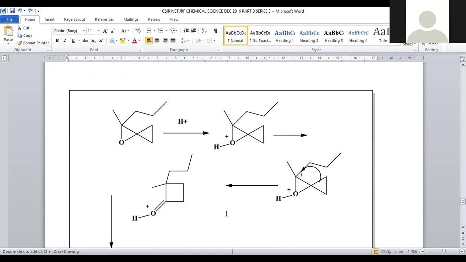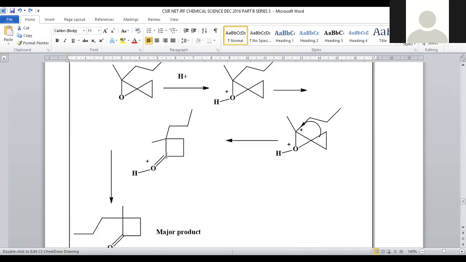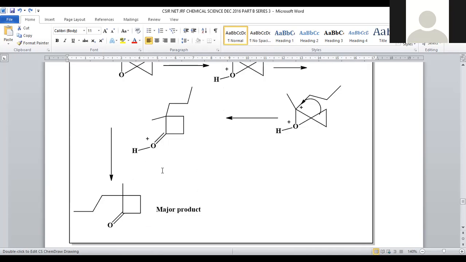Whenever ring opening is possible, there is the formation of a 4-membered ring system with this double bond OH positive, right? So here, double bond OH positive is now deprotonated. There is a possibility of double bond O, and in the adjacent position we have CH2, CH2, CH3 and methyl.